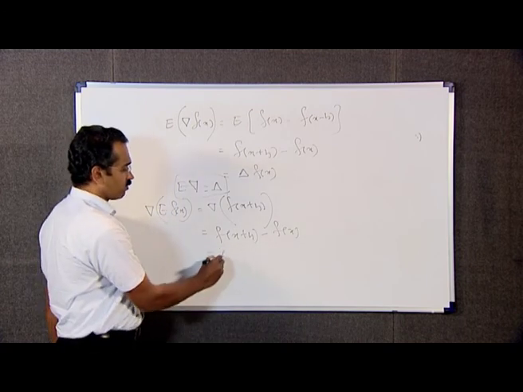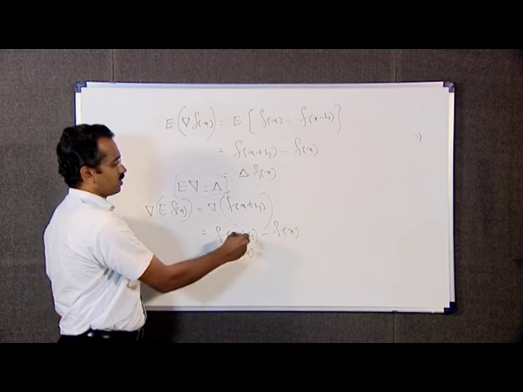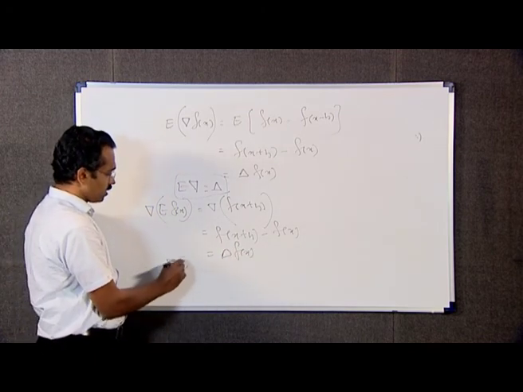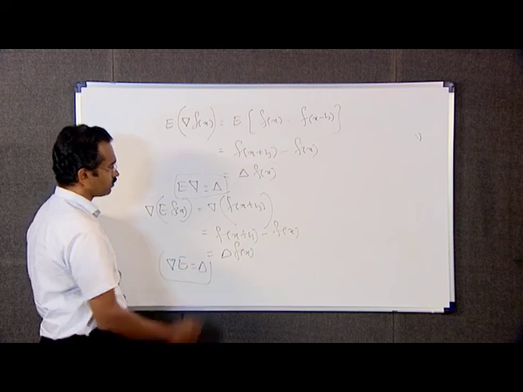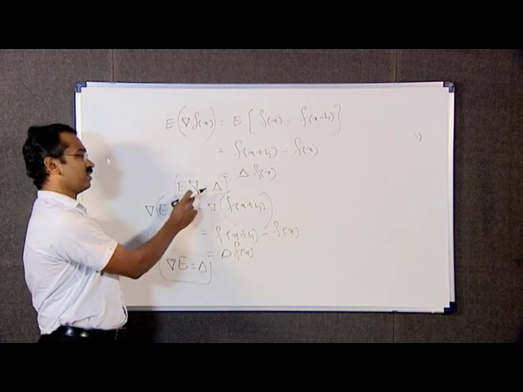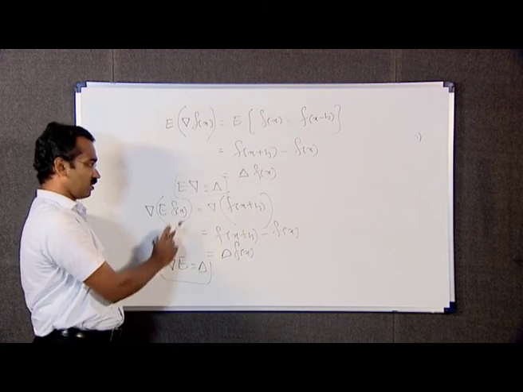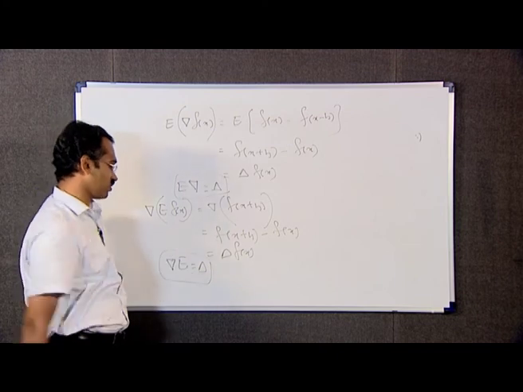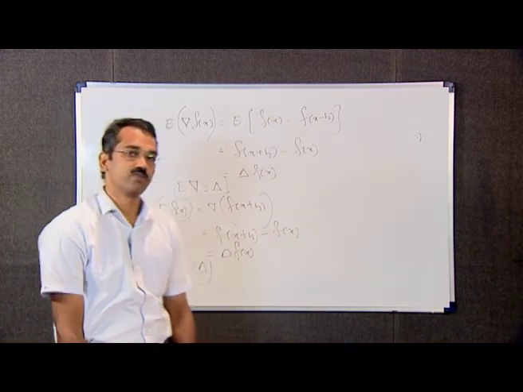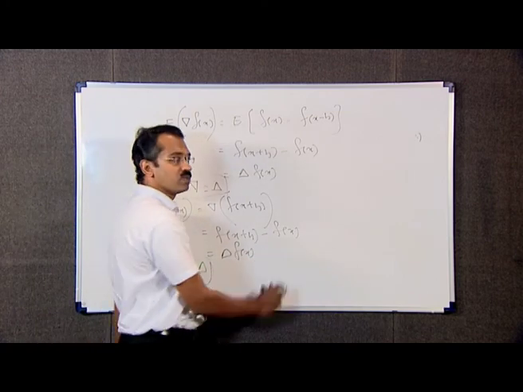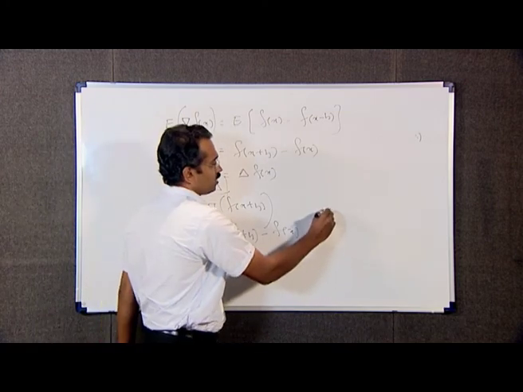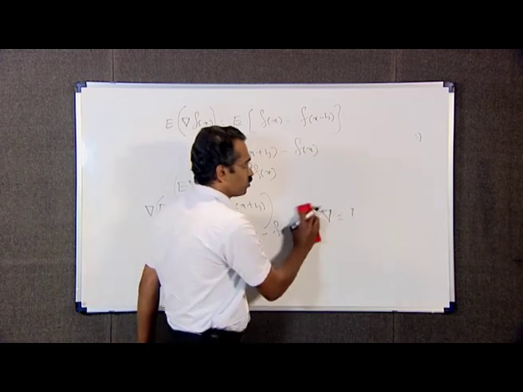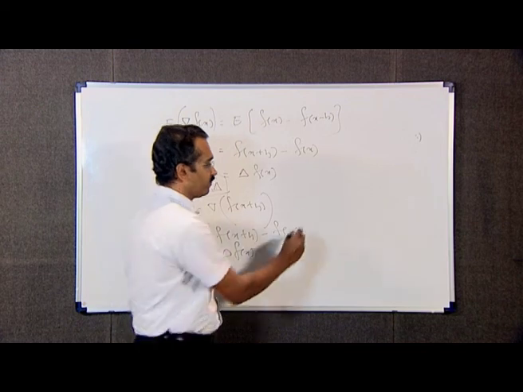By definition of the forward difference operator delta, this is delta. That is, we have the identity del E is equal to delta. Here we proved E del is equal to delta, and here del E is also equal to delta. Therefore, we can conclude that E delta is equal to E del is equal to del E.